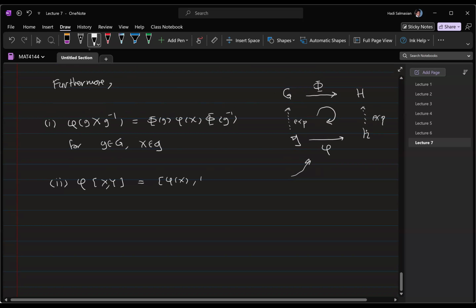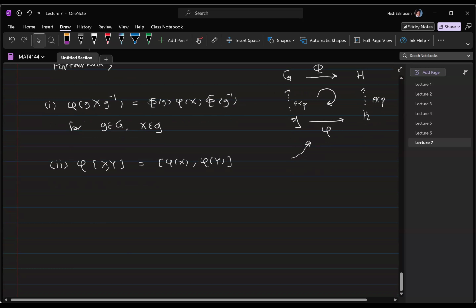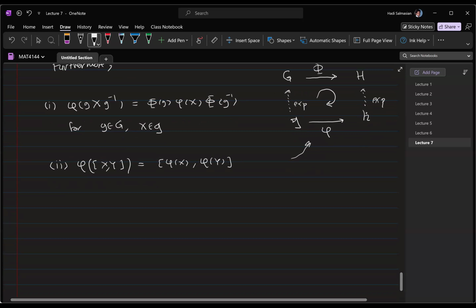The bracket, again, is the usual matrix bracket, but for conciseness, let's write it like that, okay? So property 2 says that this phi is a Lie algebra homomorphism. Property 3 is that, in fact, little phi can be easily obtained from capital phi. So phi x is the derivative of capital phi of e to the tx.